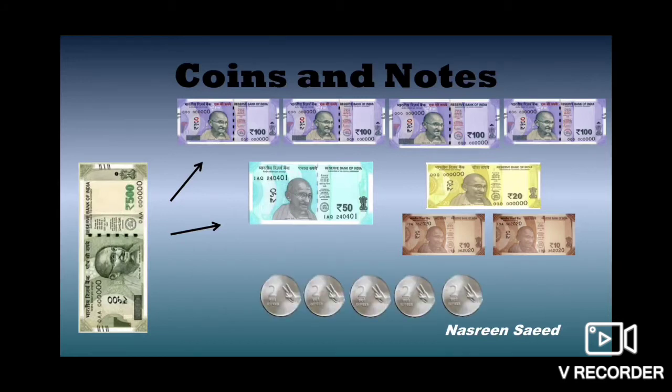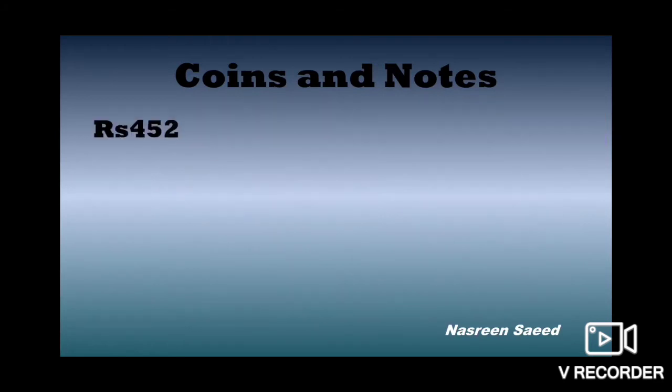He is having 2 rupees coin, that is 5 coins, that makes up 10 rupees. So now he is having 100 rupees 4 notes, 50 rupees 1 note, 20 rupees 1 note, 2 10 rupees notes and 5 2 rupees coins, that makes up 500 rupees. Now how much he has to pay to the milkman?